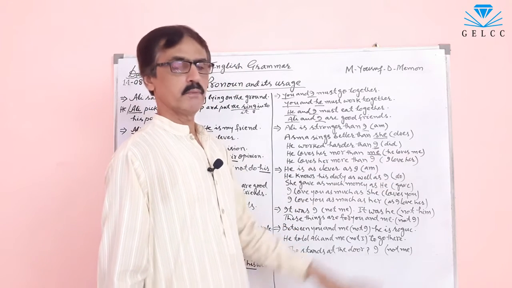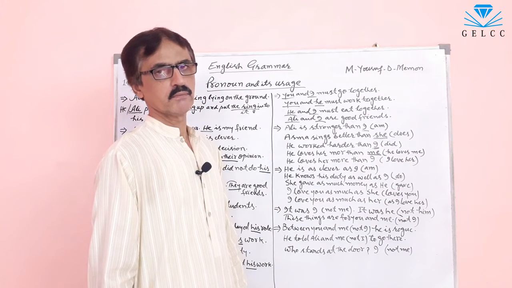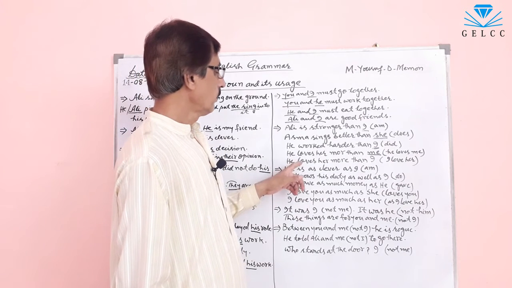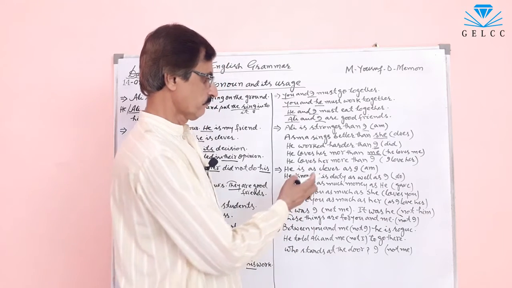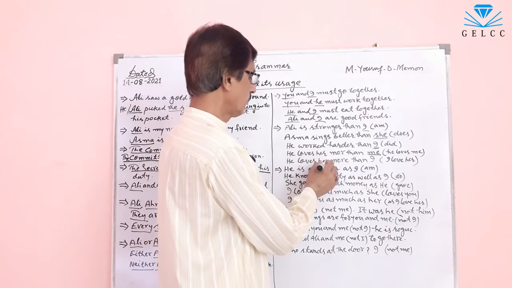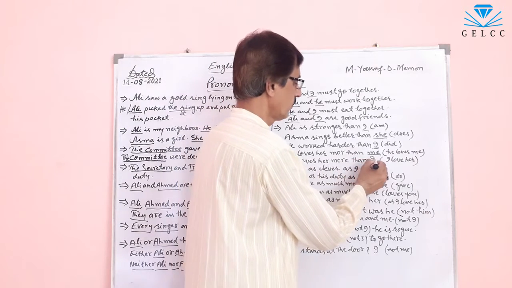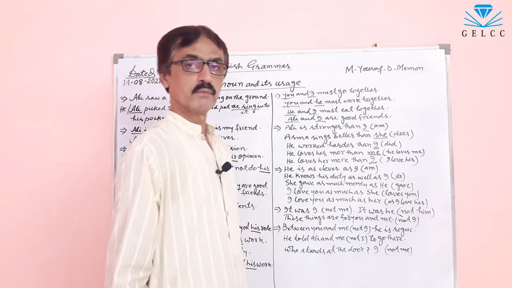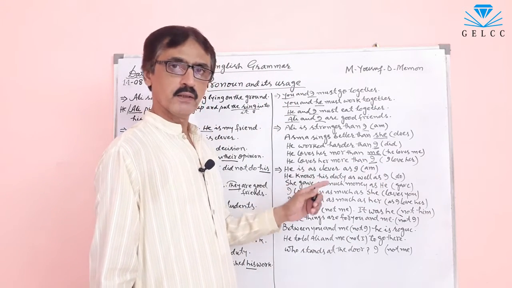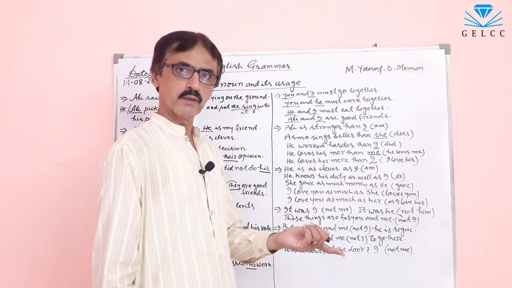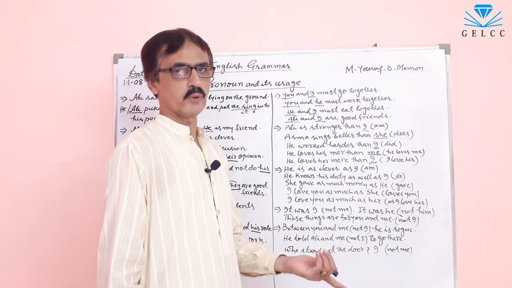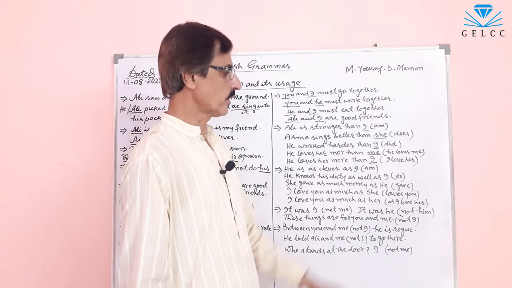So he loves me. Me is objective case. Look at this example. He loves her more than I. Here I is used. He loves her, I love her. But he loves her more than I love her. Only I. We will use only I.